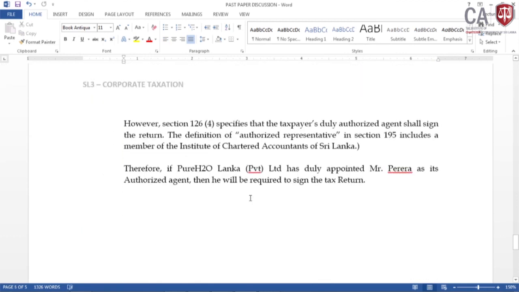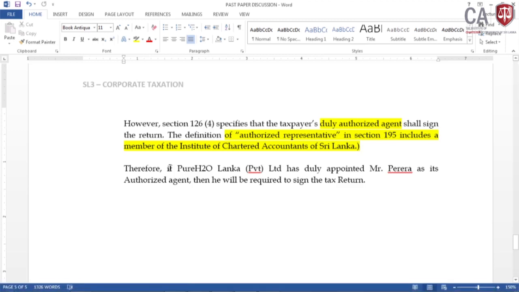But there is another provision. However, section 126 subsection 4 specifies that the taxpayer's duly authorized agent shall sign the return. The definition of authorized representative in section 195 includes a member of the Chartered Accountants of Sri Lanka.